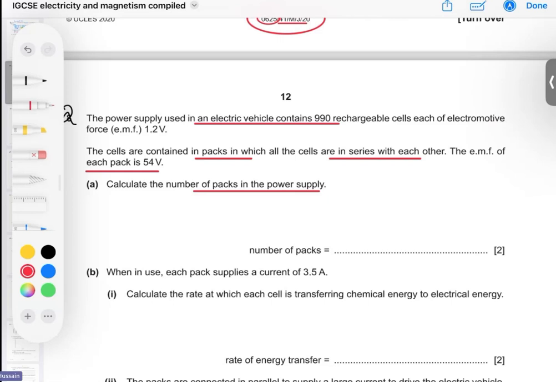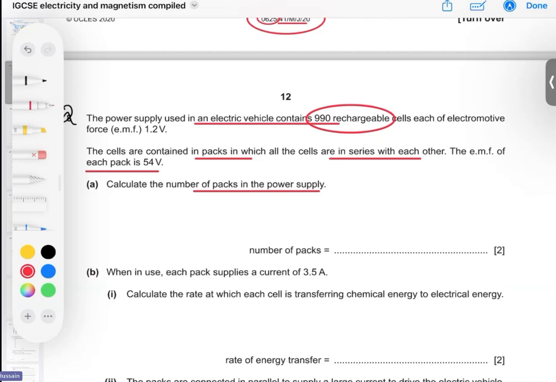So the power supply contains 990 rechargeable cells, and each pack has an EMF of 54 volts.